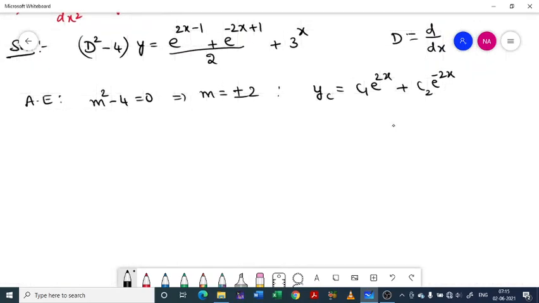Next, for the particular integral, to find y_p: y_p equals φ(x) divided by f(D).